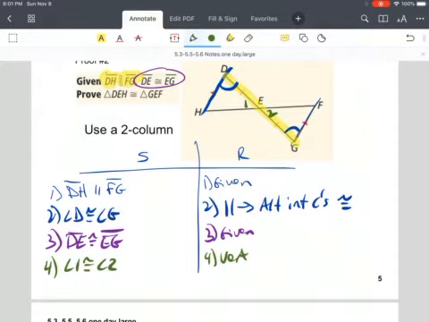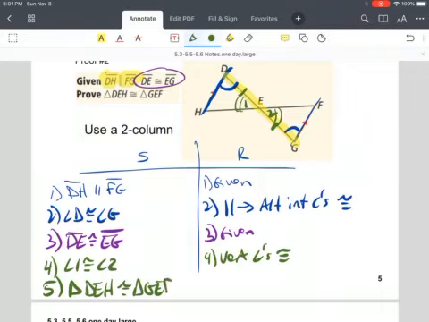And that's because vertical angles are congruent. So now when I look at my diagram, I have two pairs of angles marked congruent and the side that is included between those, which tells me that my triangles are congruent with two pairs of angles and the side included, which is angle, side, angle.